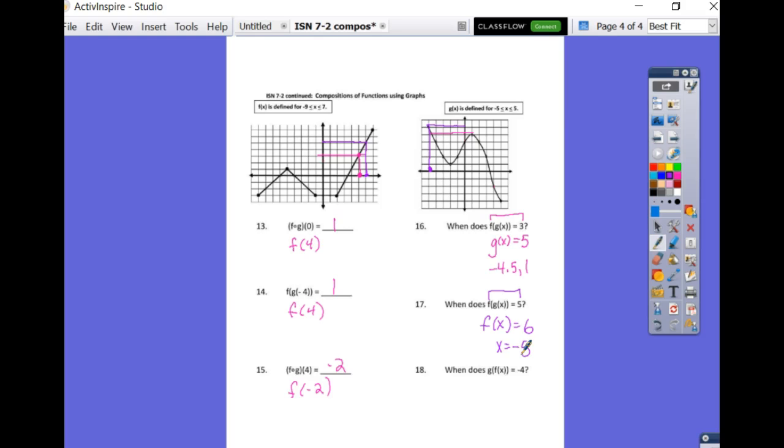So which graph do I start on the last one? G. So I'm going to start on g. So the y value negative 1, 2, oh wait, 1, 2, 3, 4.